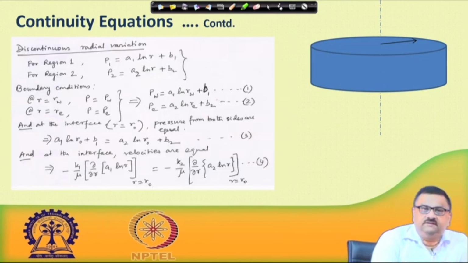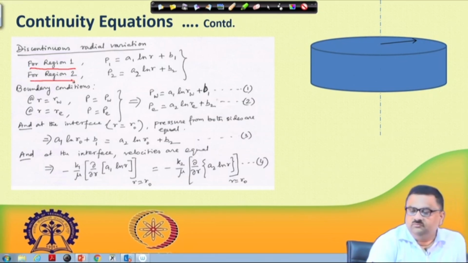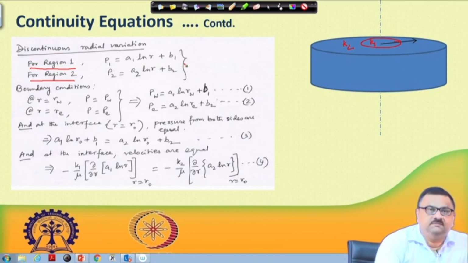Now, if we try to solve this equation, I have mentioned region 1 and region 2. Region 1 has permeability K1 and region 2 has permeability K2. In region 1, the general equation valid there is P1 equal to A1 ln R plus B1, because you remember the original equation we derived was P equal to C1 ln R plus C2. That is the pressure profile.